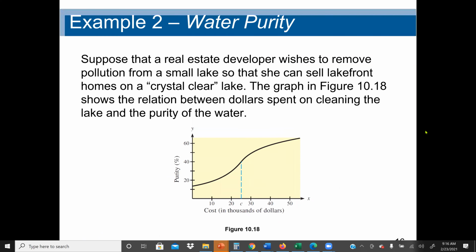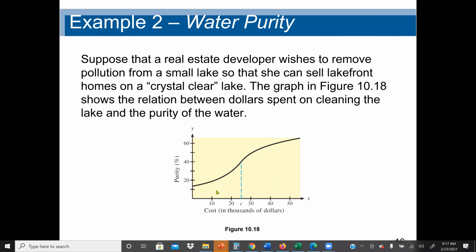So we have another example question here. This time, this is an application problem. Here they say that suppose a real estate developer wishes to remove pollution from a small lake so that she can sell lakefront homes on a crystal clear lake.